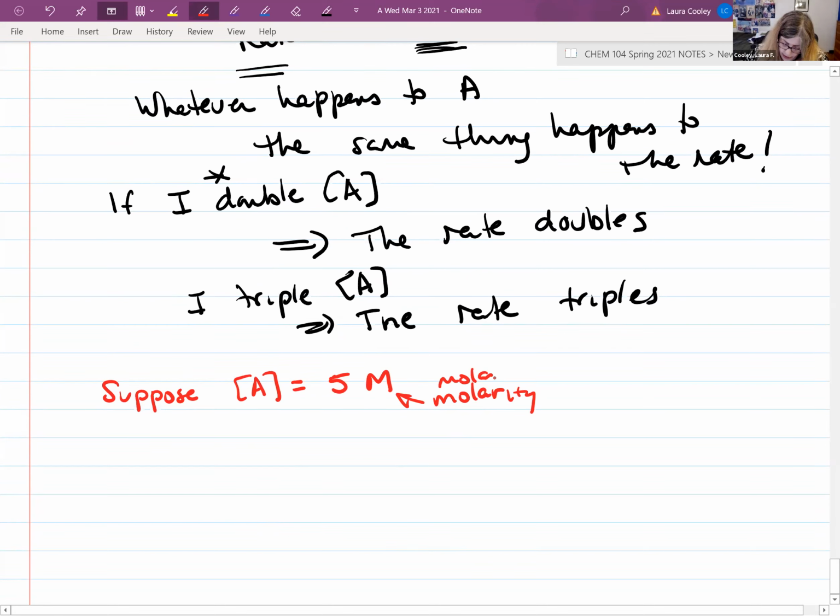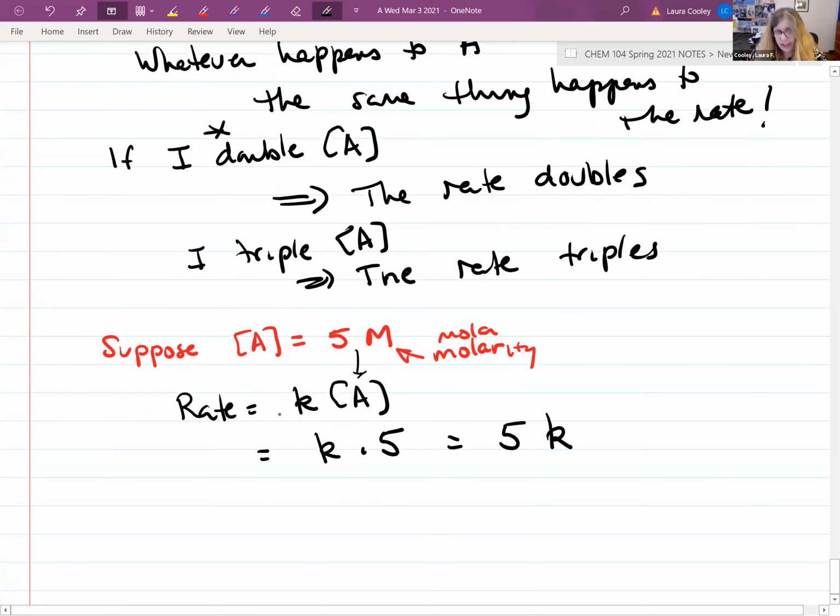And then my rate, which is a constant times the concentration of A, if I put in 5 for that, I end up with 5K, right? I plug in the 5 here. So that's what my rate is going to be.